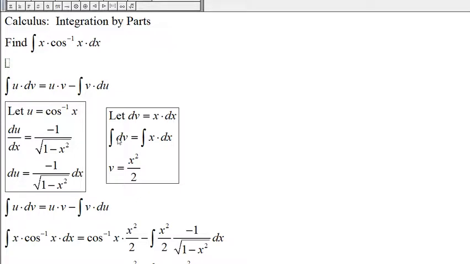dv is x dx. On the right hand side, this is x to the first, so the antiderivative will be x squared divided by 2, that is v.